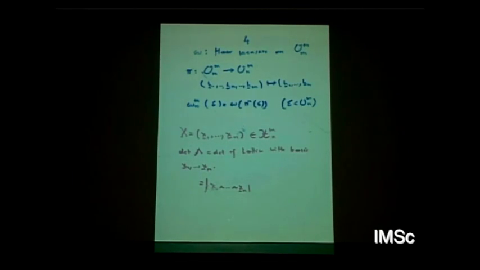It's easy: you just take this whole m-tuple, h1 through hn, parentheses missing, but otherwise it looks okay. Then one defines omega_mn of a subset E of O_mn as the omega of the pre-image of it under this projection. Okay, so this is a good measure on O_mn.